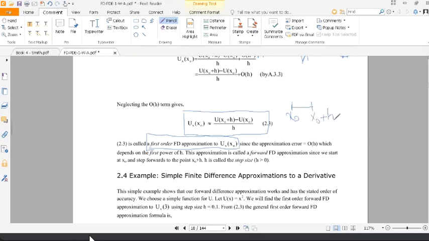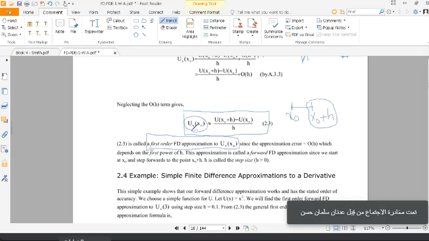We need to use u at the next step, x0 plus h, for computing u_x at x0. We use u at x0 plus h and u at x0 to compute the derivative of u with respect to x at x0.